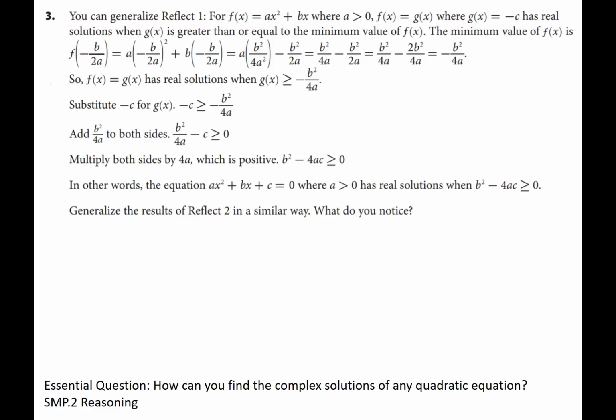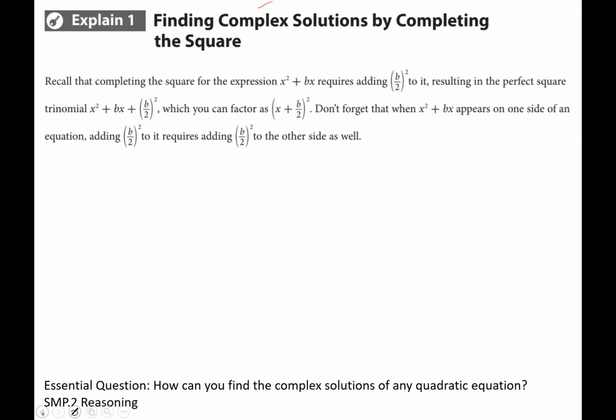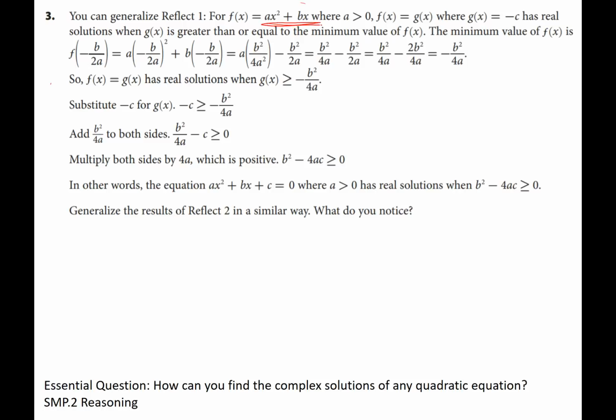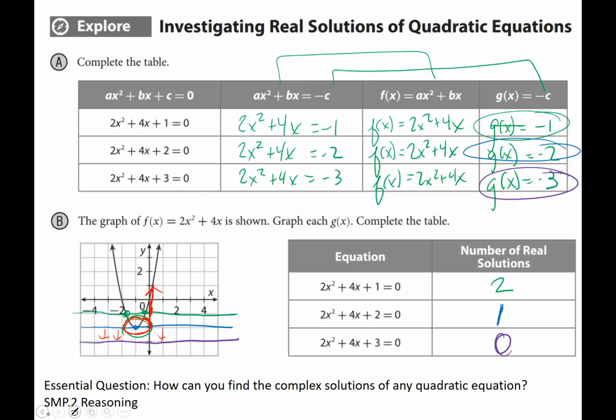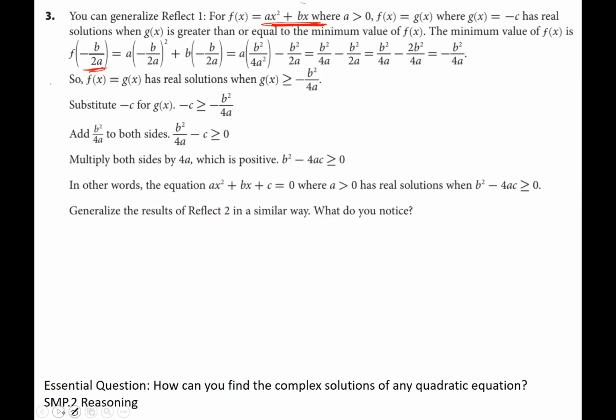They're saying that the minimum is when we evaluate the function for -b over 2a. So basically they're going to take that function and substitute in -b over 2a into it.